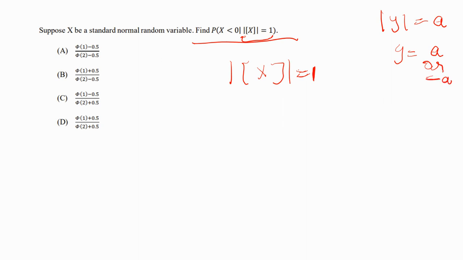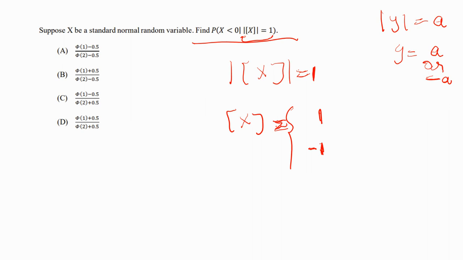So basically taking the modulus value, the absolute value, these all are the same. So if we have the mod of greatest integer x equal to 1, it means the greatest integer x is 1 or minus 1. Now the question is when will the greatest integer be 1 and when will it be minus 1.